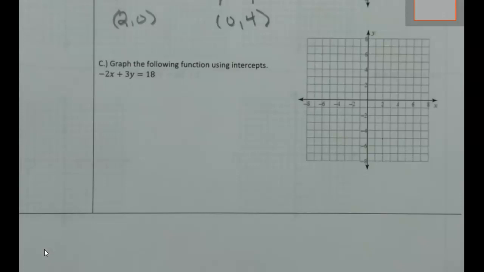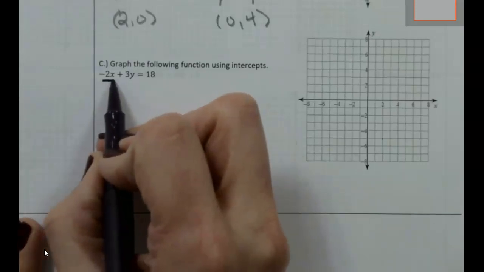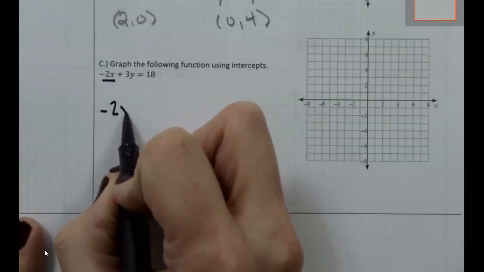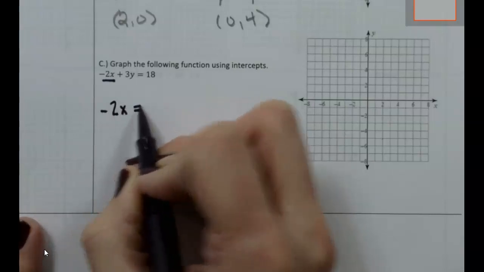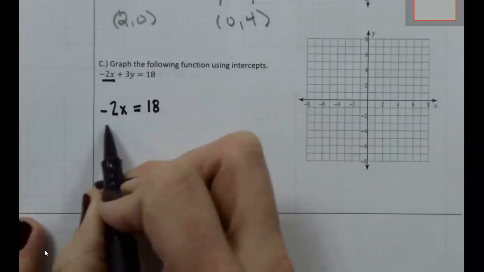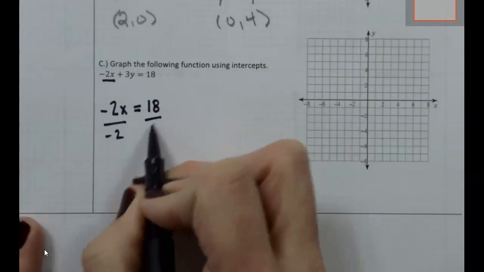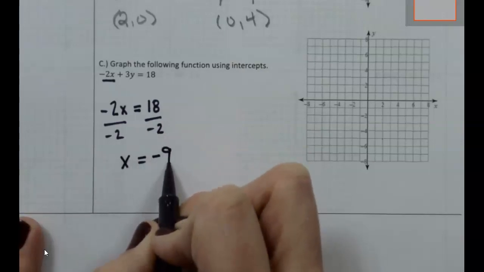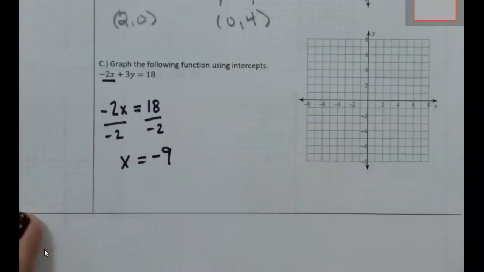Okay, just in case you haven't started, remember we're taking the x piece of the equation and setting the x piece equal to 18. If you have started, did you get your x value to be negative 9?